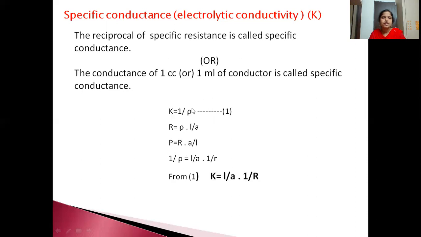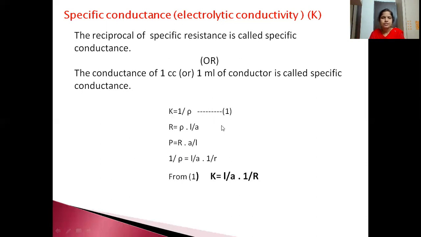Now we need the reciprocal of rho, so we take the reciprocal of this. That is 1 by rho will be equal to L by A into 1 by R, where L comes to the numerator.